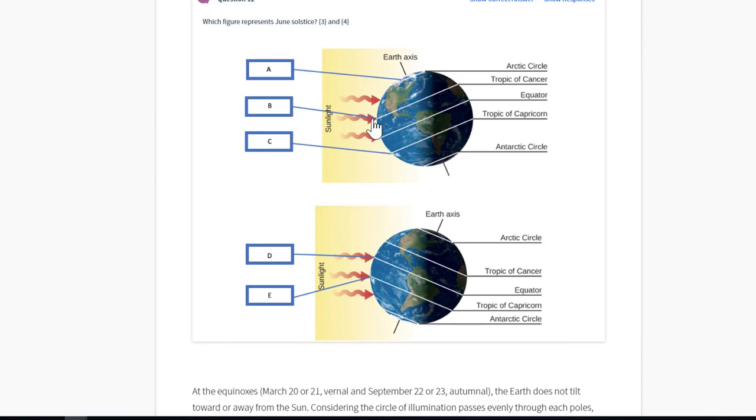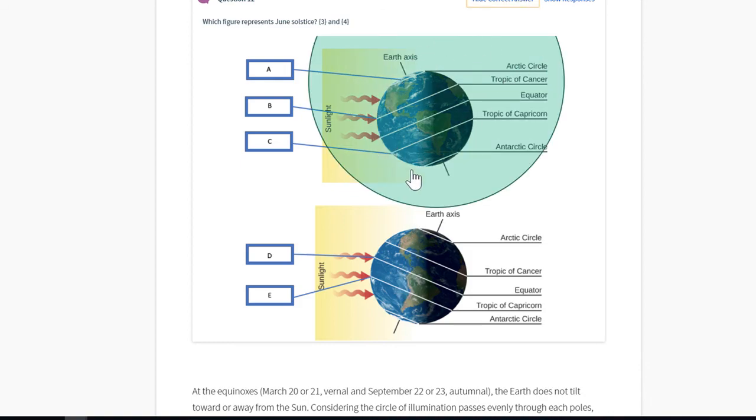Look, the subsolar point is here at the Tropic of Cancer. Here the subsolar point is over the Tropic of Capricorn. So summer, winter. The correct answer will be the figure here. Just a few of you went back and posted the correct answer.